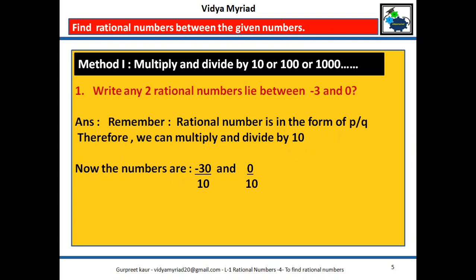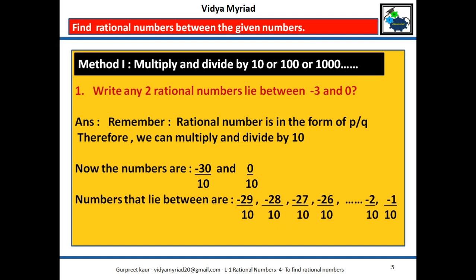Now I can see that there are so many rational numbers lying between -30 upon 10 and 0 upon 10. But my question asks for only two rational numbers, so you can pick any two and write the answer.